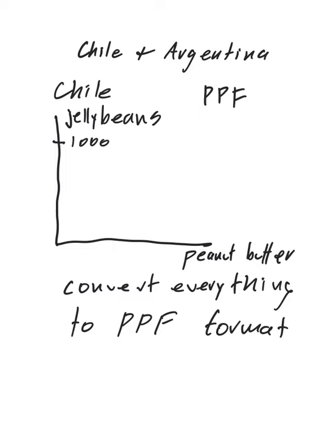There's 1,000 hours of labor available. If the entire 1,000 were devoted to peanut butter production, maximum peanut butter production possible would be 500. So we put 500 on the peanut butter axis. We connect the two points. So there you have a production possibility frontier for Chile.